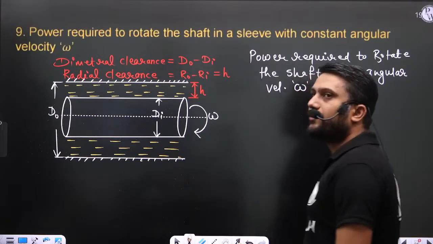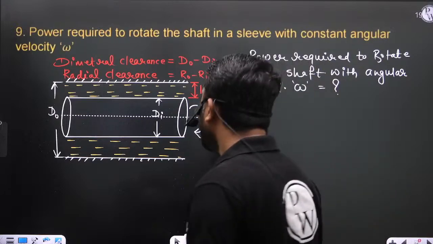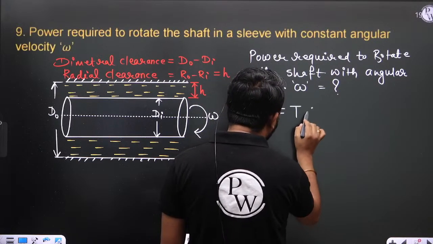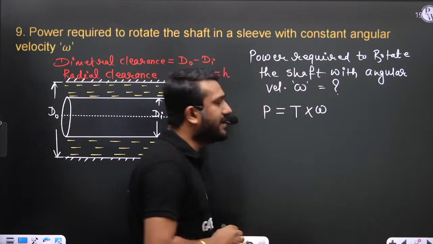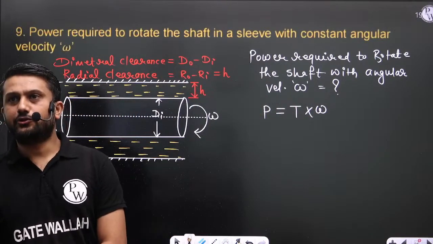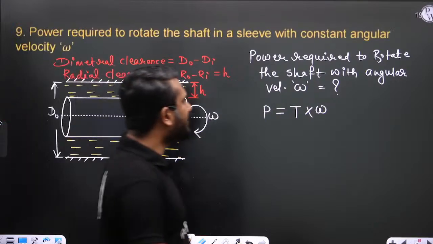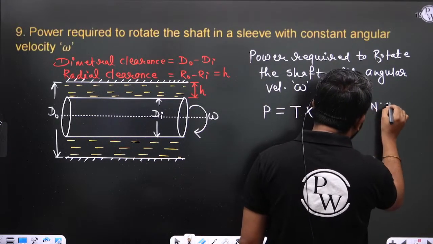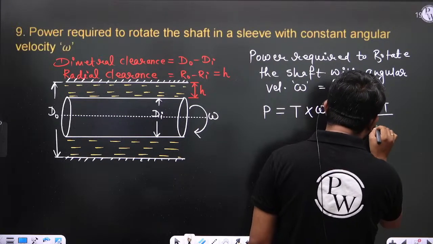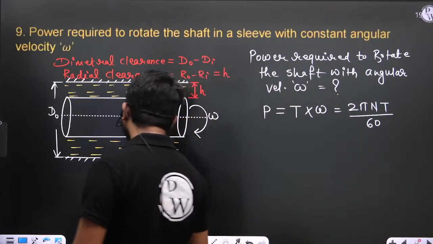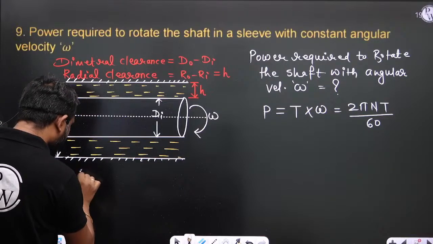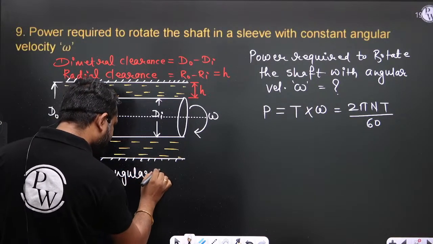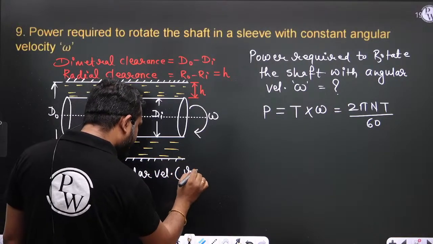So beta, how do you calculate the power? Power is equal to torque multiplied by angular velocity omega, or simply you can write 2 pi NT by 60, where omega is the angular velocity in radian per second.